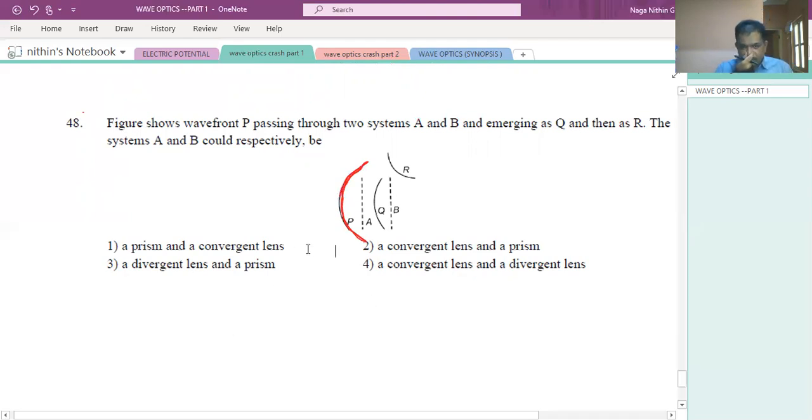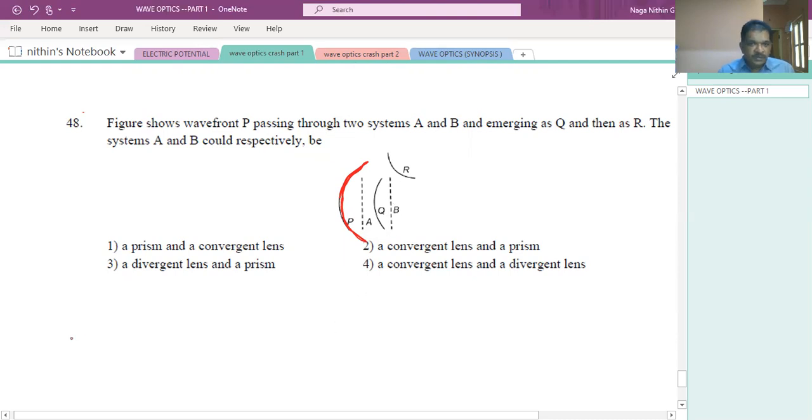This wavefront passes through A and came out like this as Q. Q passes through some more, B, and came out as R. What are A and B? Comparing to this, this is a convergent beam, so A will be a converging lens. Here it deflected, it moved like this, which means it will be a prism.